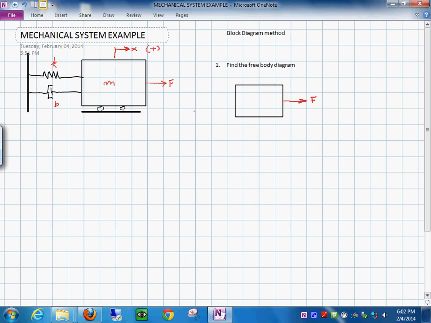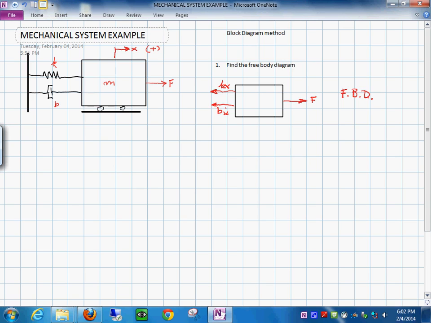So we have this force to the right, and the other two are going to oppose this. So this is going to be K times X this way, and the other one is going to be B times X dot, also to the left.